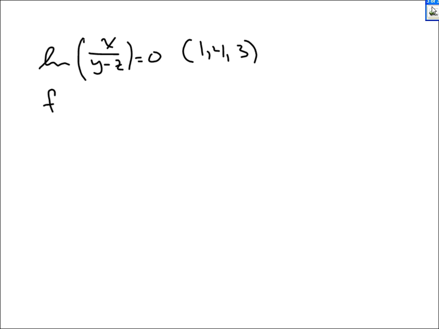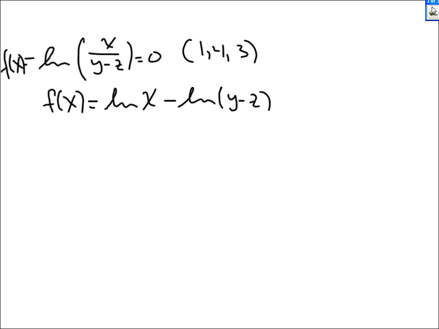So I'll just define this to be f of x, y, z, because it already equals 0. But since it's ln of a fraction, I'll do ln of the top minus ln of the denominator. It's a lot easier. So now f sub x will be just 1 over x minus 0.